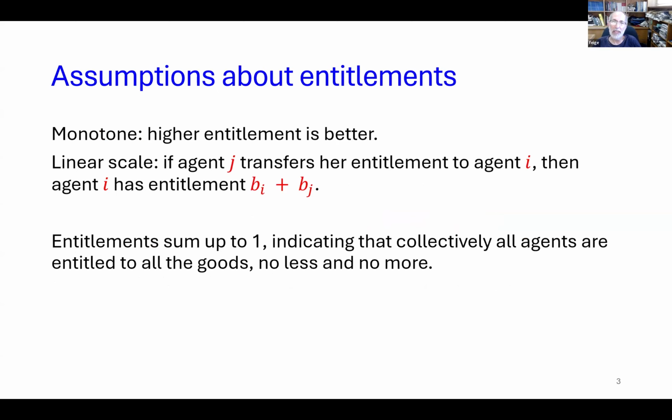One way of thinking of it is like if some agent j transfers her entitlement to an agent i, then the new entitlement of agent i is the sum of the two entitlements. And we also assume that entitlements sum up to 1. This indicates that the agents collectively are entitled to receive all the goods, no less and no more.